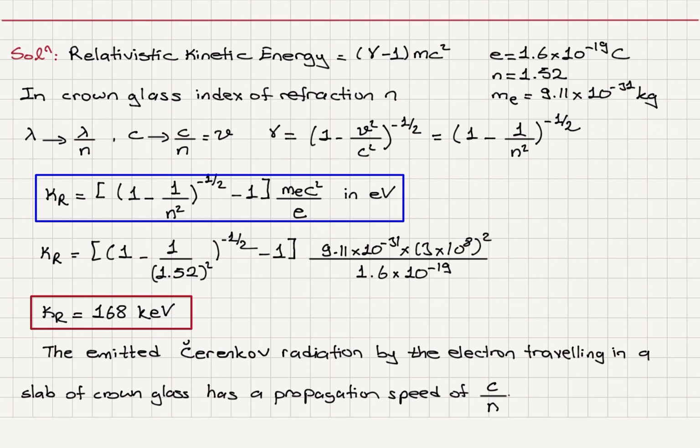Plugging in the numbers, we obtain 168 kilo electron volts. So this is the minimum kinetic energy an electron must have inside crown glass in order to emit Cherenkov radiation, which will propagate inside the crown glass with a speed c over n.